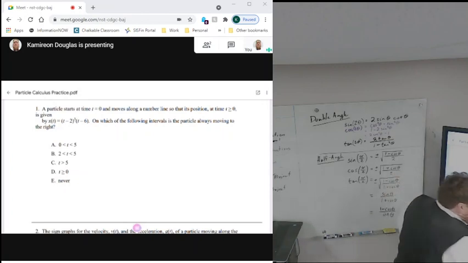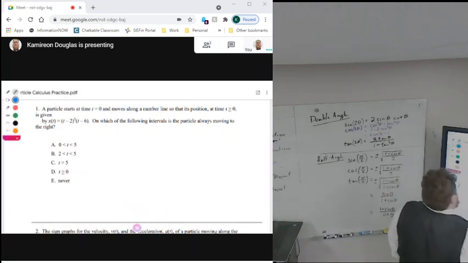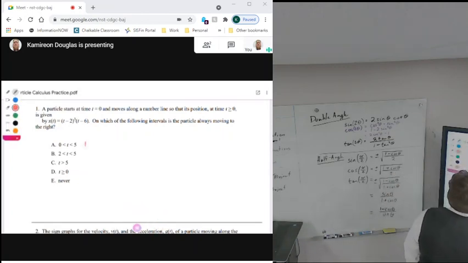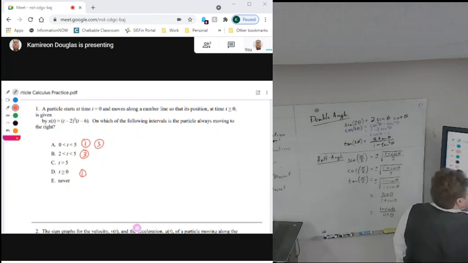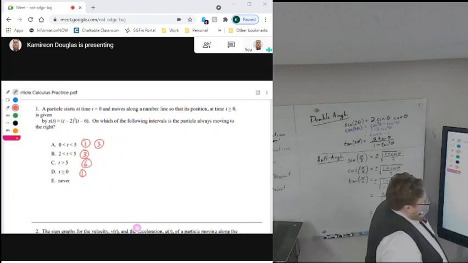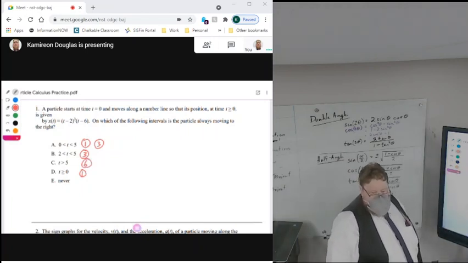When I look at this list, I can use 1 to test this one and that one. I can use 3 to test this one, and that's it. And I can use 6 to test this one. And if I run out of options, it's going to be never.